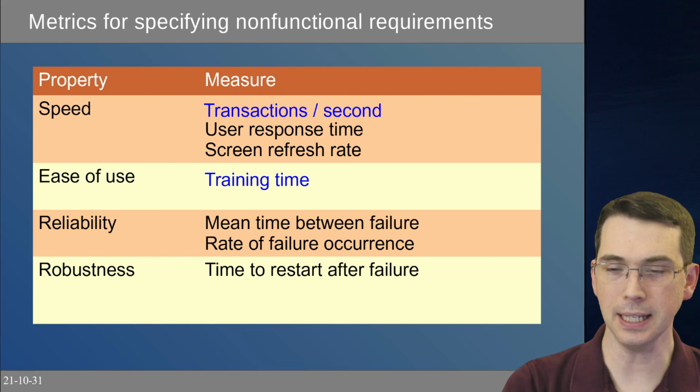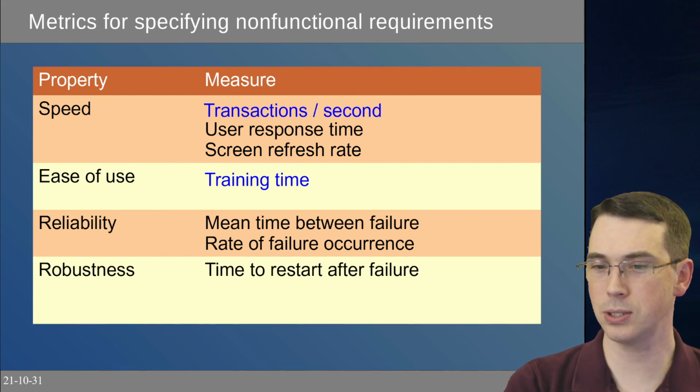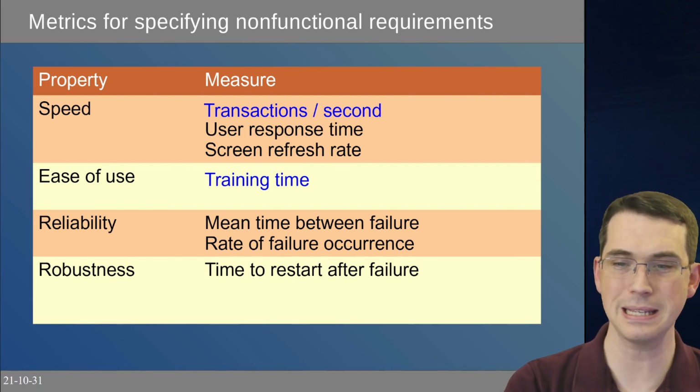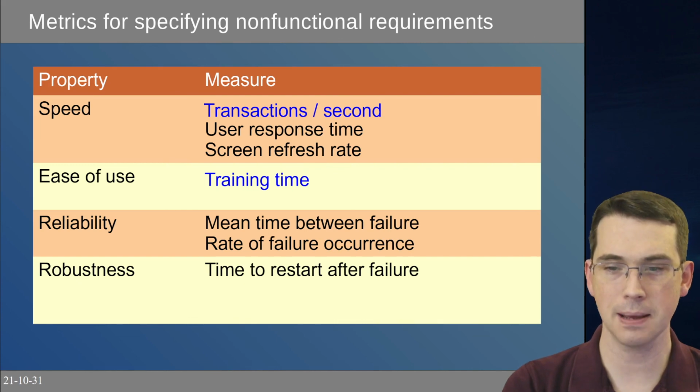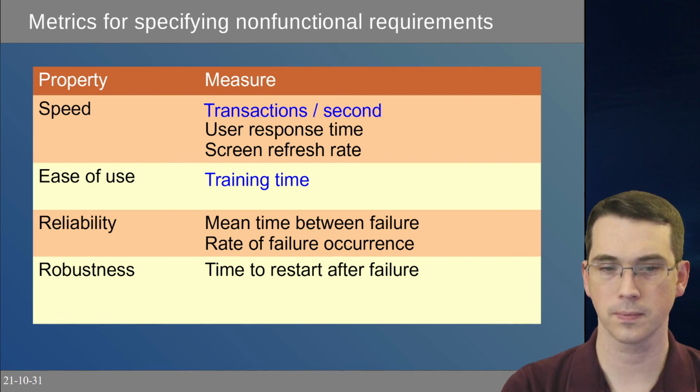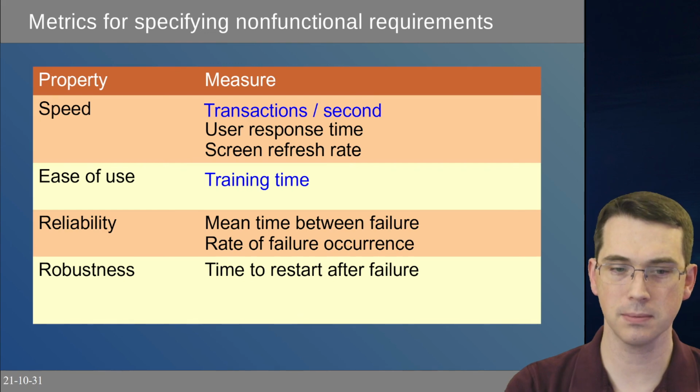For reliability, two big ones are mean time between failure, often called MTBF, and the rate of failure occurrence. How often does a failure occur? So that'll be the reliability of our system. Robustness is kind of contrasted to reliability.